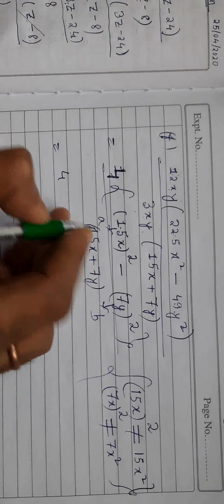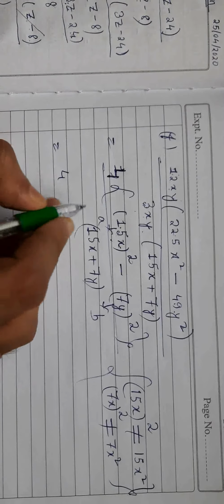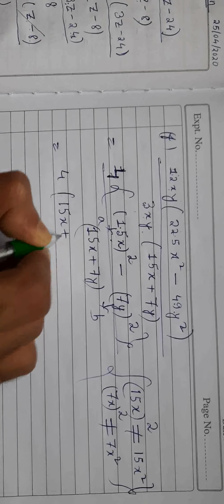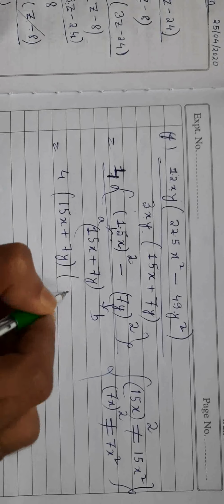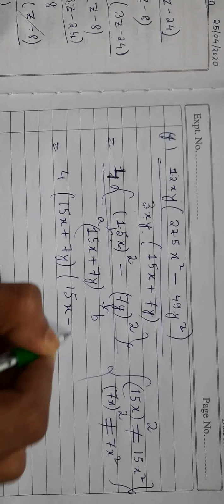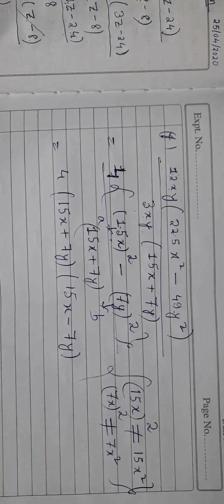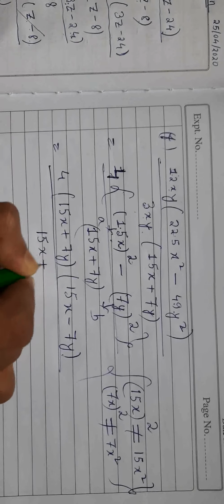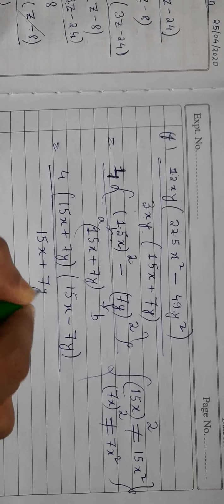The formula is a plus b into a minus b, whole thing divided by 15x plus 7y.